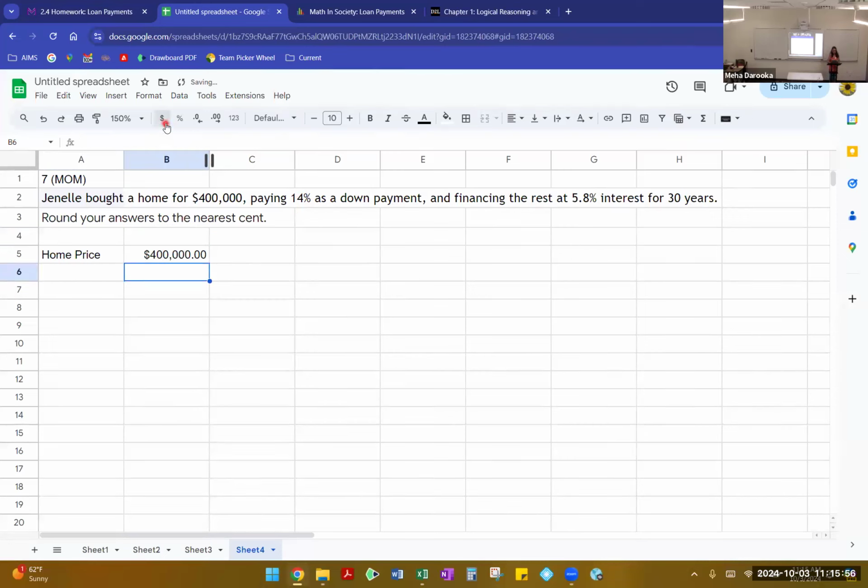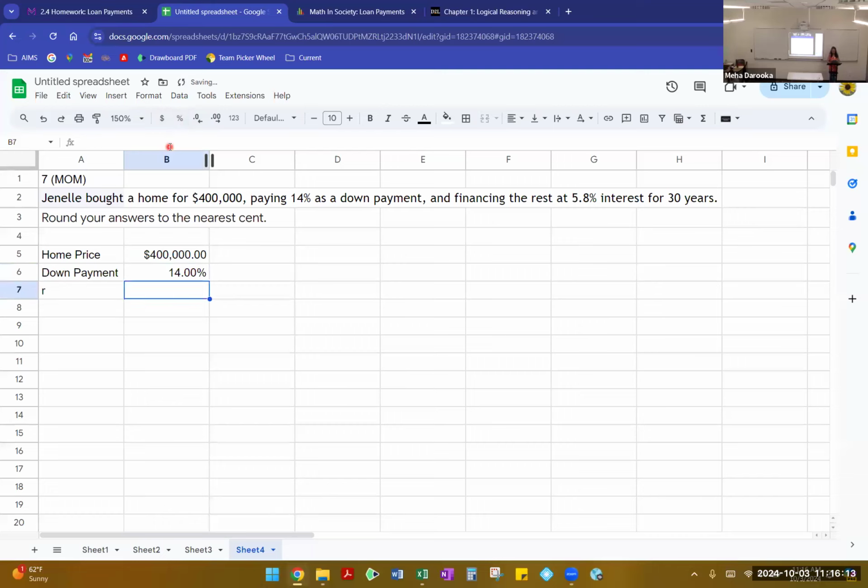So we know the home value was $400,000. The down payment is 14%. What else?